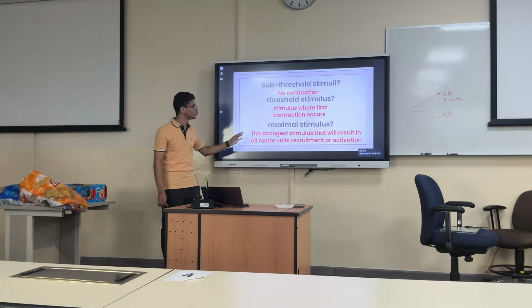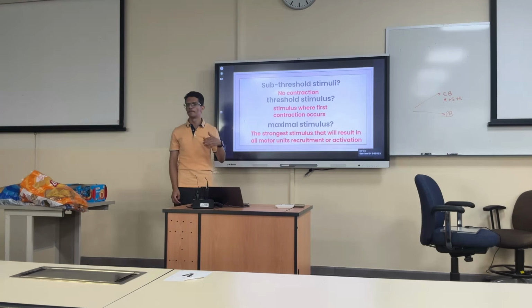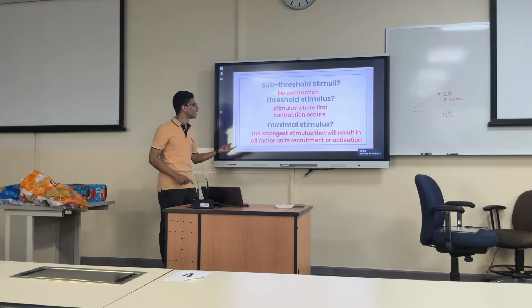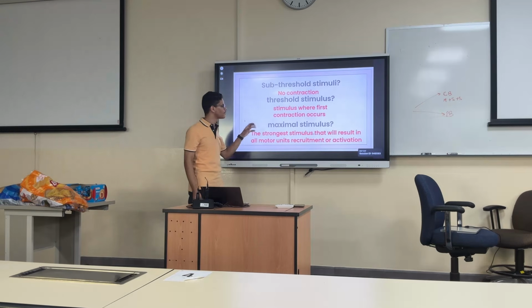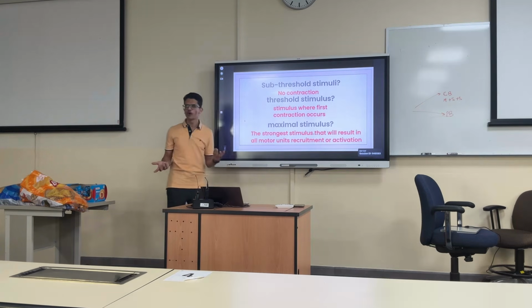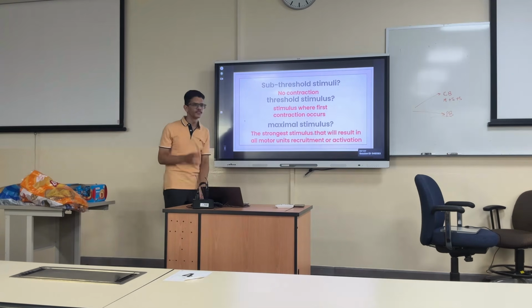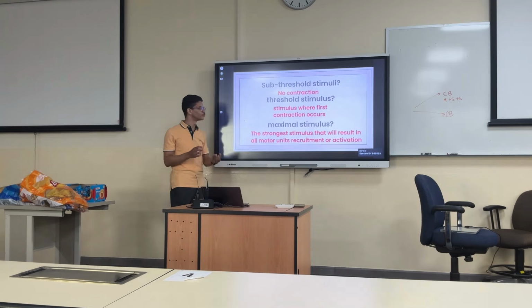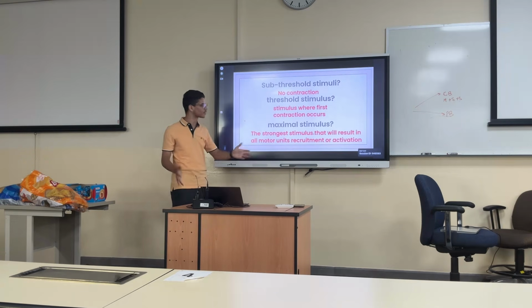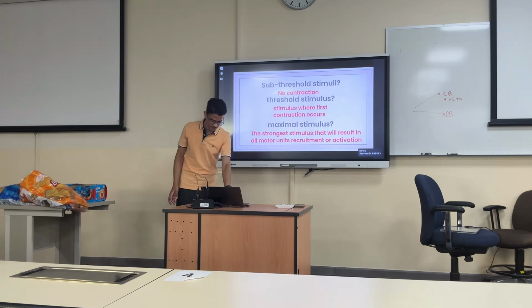And the maximal stimulus is the stimulus which will enable the muscle to reach its maximum capacity. It will activate all of the muscle fibers of the motor unit, and it will have the strongest effect. And we all have limits to our muscular power, right? So the stimulus that is needed for your muscle to exert its full power is called maximal stimulus.